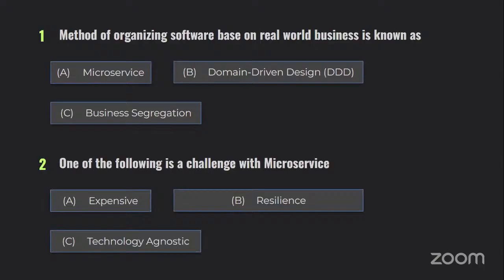Each team can decide which service to take up, and it is technology agnostic, which means you can use Python to design your own service. Say, for example, you're handling the user authentication and authorization system, you can use Python to handle that. Like we are handling customer, we also can use C sharp, and all these are going to be deployed independently.